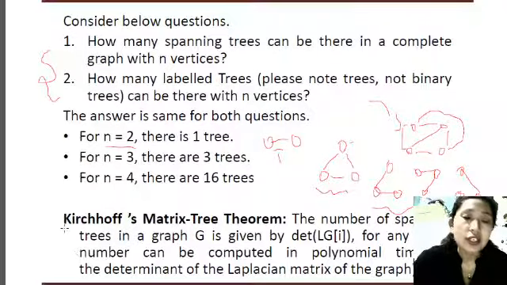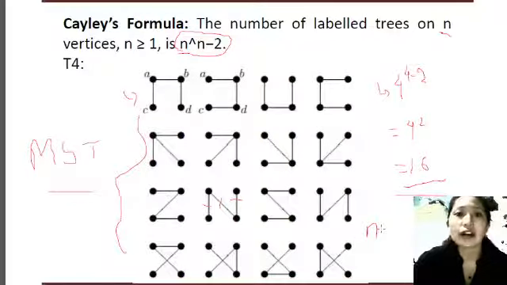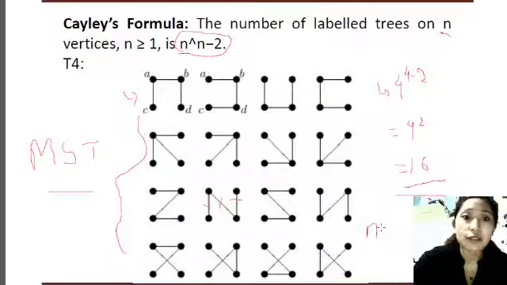Next theorem is Kirchhoff's matrix tree theorem, which says that if the value of n increases to very large, here in this example the value of n was only 4. With 4 also you are getting 16 possible spanning trees. Now when this value of n becomes very large, let's say 100, 200 and so on, to find all possible spanning trees will be very difficult.